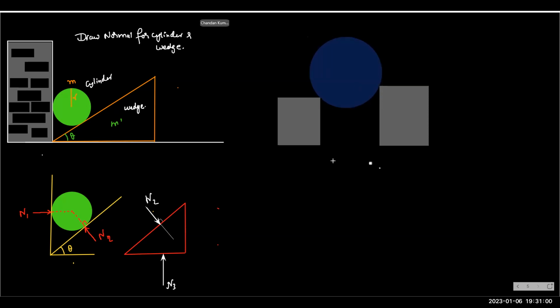This is called the edge contact, right? So a cylinder is touching the edge of two, you can say, rectangular walls. And let's say this is fixed. These are fixed concrete supports, and you're supposed to draw the normal on the cylinder, of course.